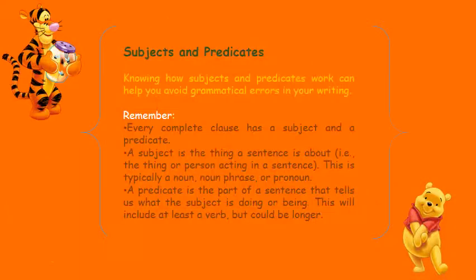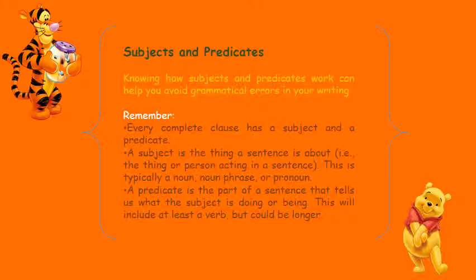Let's start. First of all, let's make a sum up for everything we have covered till now, subjects and predicates. Why must we know what subjects and predicates are? Knowing how subjects and predicates work can help you avoid grammatical errors in writing. So when you know how subjects and predicates work, this will help you avoid mistakes in your writing, okay? Remember, always remember, every complete clause has a subject and a predicate.